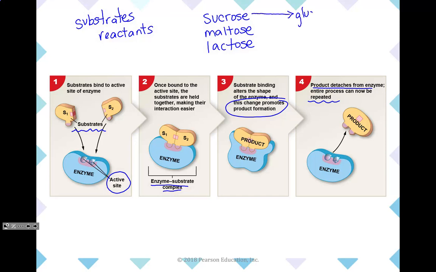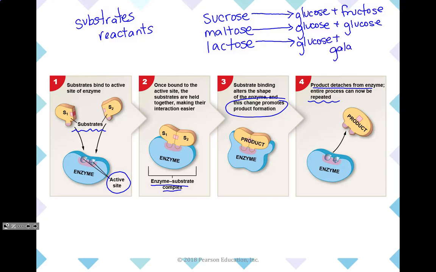Sucrose is made up of a glucose and a fructose. Maltose is made up of two glucose monomers, and lactose is made up of a glucose and a galactose.